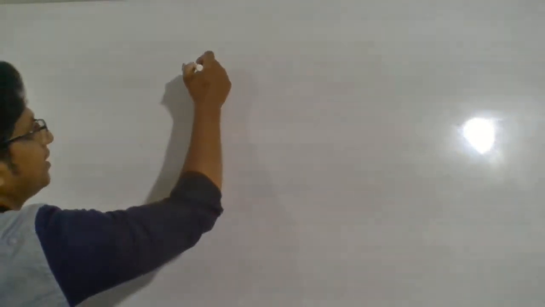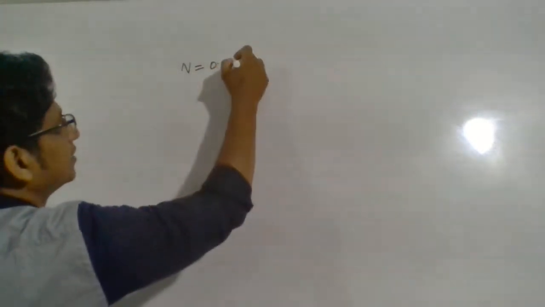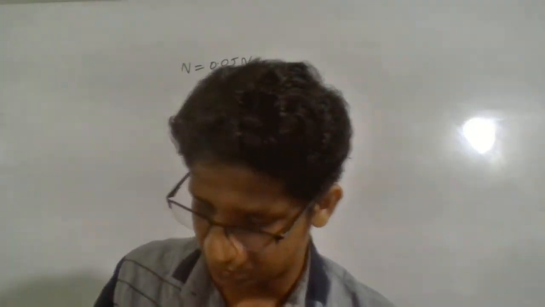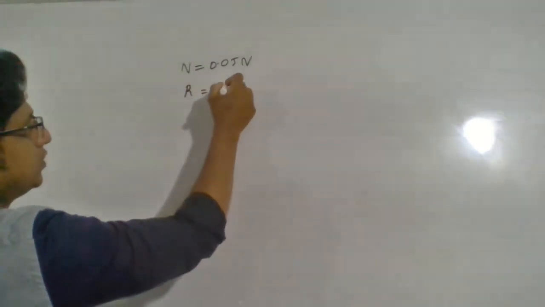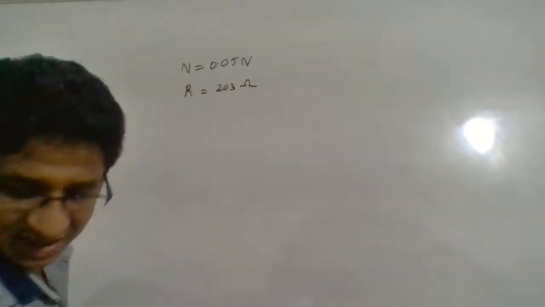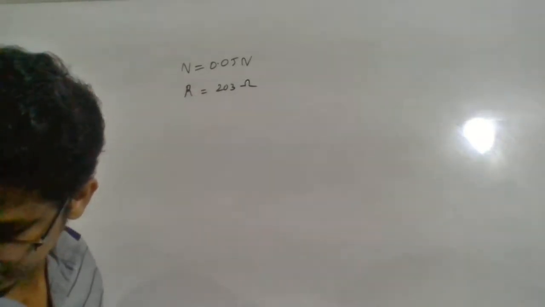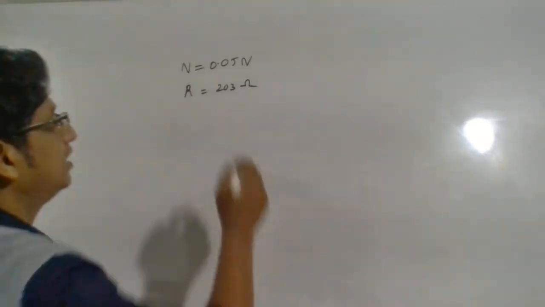Calculate the equivalent conductance of this substance. So here the concentration, normality, is given: 0.05 normal. And resistance R is equal to 203 ohm. That's another data given. Temperature is 18 degrees Celsius.